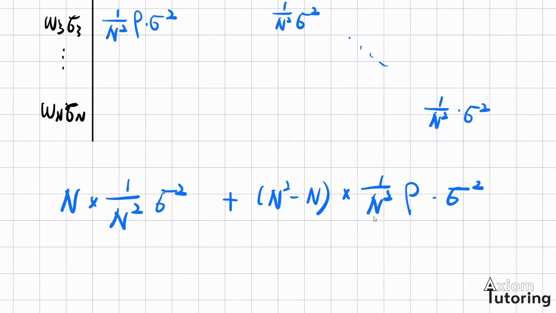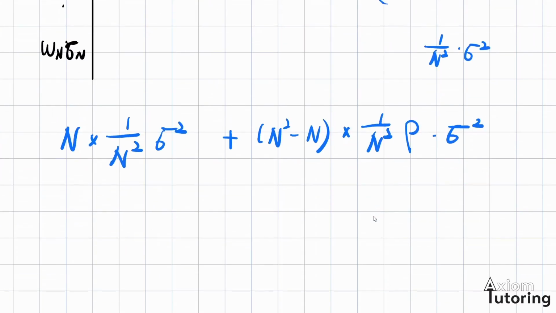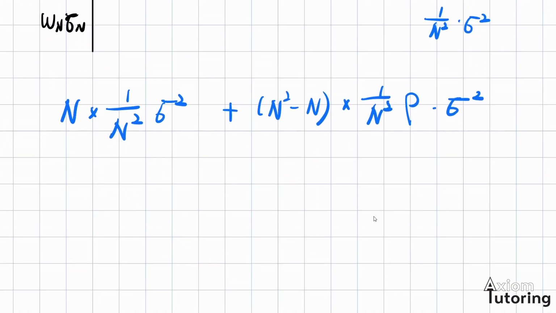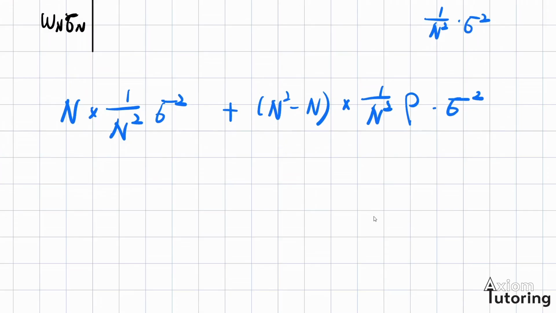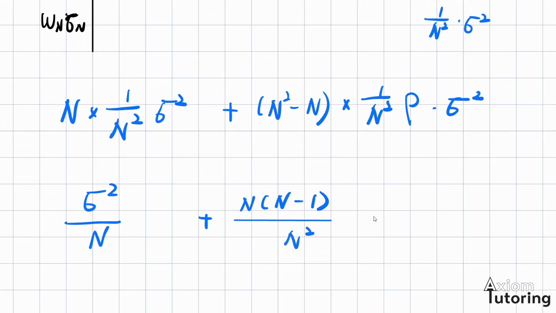But can we simplify it? Yes, we can. So let's keep the relative structure here. This bit is the diagonal. This bit is what is not on the diagonal. For the first part, let's just eliminate this n here. It becomes sigma squared over n, right? And then plus, we can write the n squared minus n in a different way, which is n times n minus 1, divided by n squared, and keep the rest.